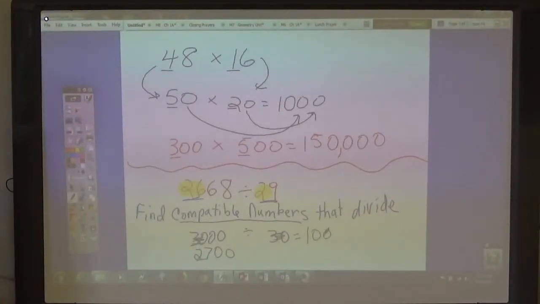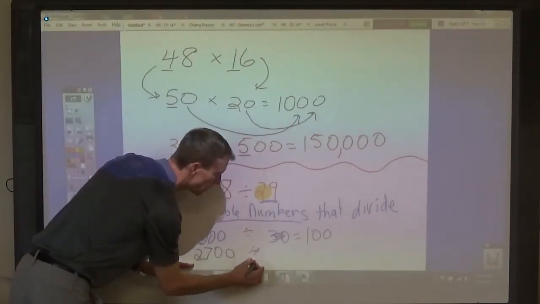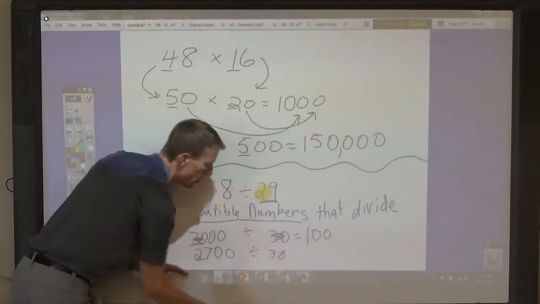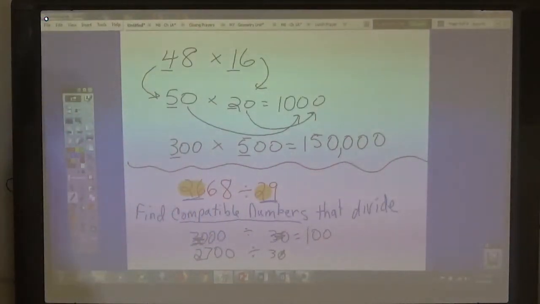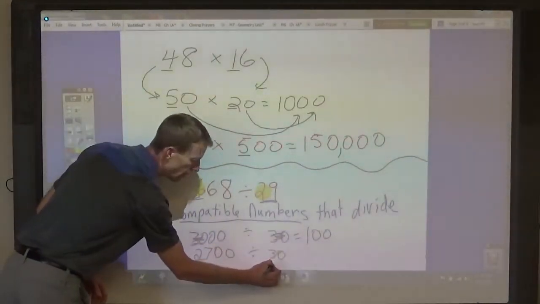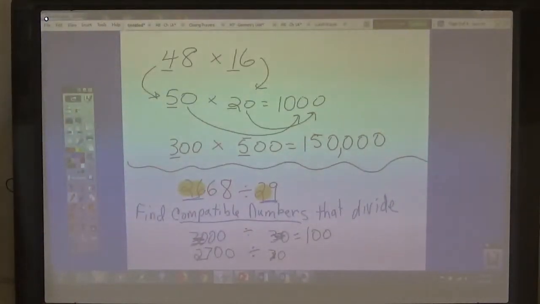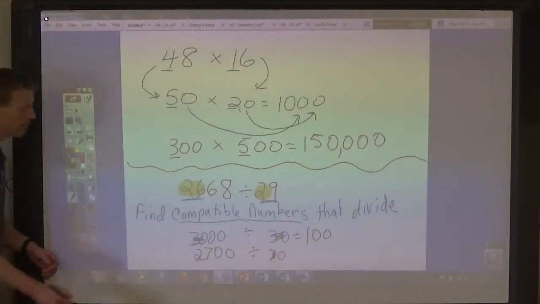Okay? Because we divided those. We used those. Now, what if we're doing 2,700 divided by 30? We could also just use 27 divided by 3, right? What's 27 divided by 3? Thomas? 9.